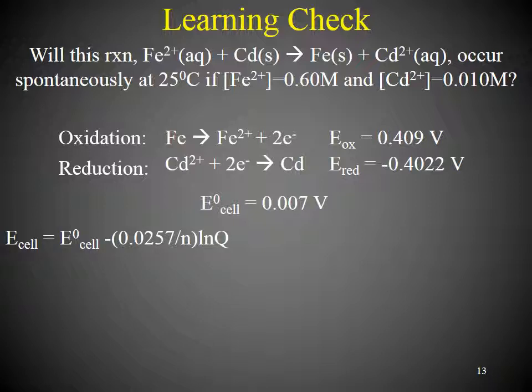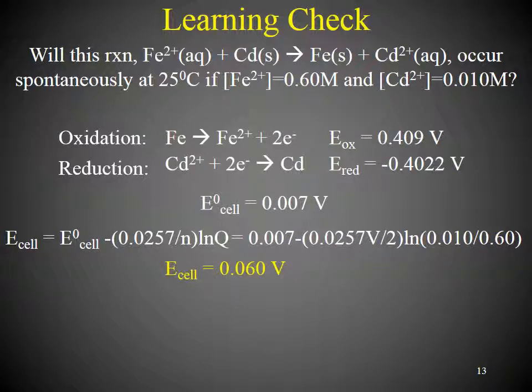And now we can plug that value into the Nernst equation. We plug in also the values of the products over reactants for the Q. And here is our answer, and the reaction is spontaneous.